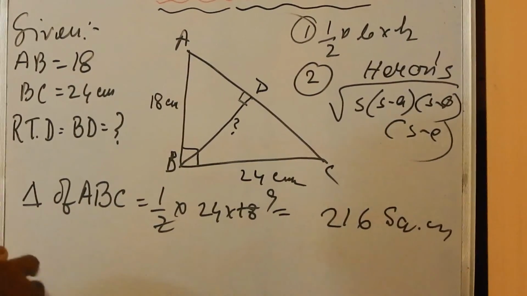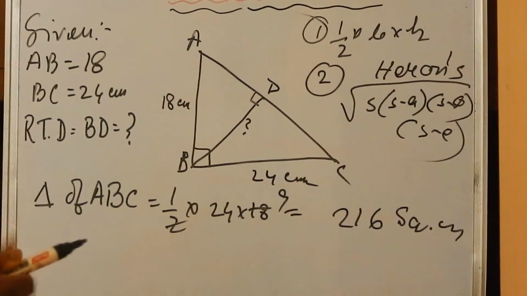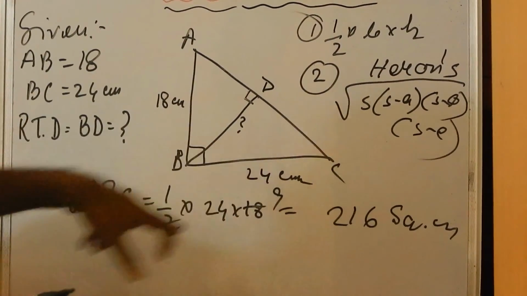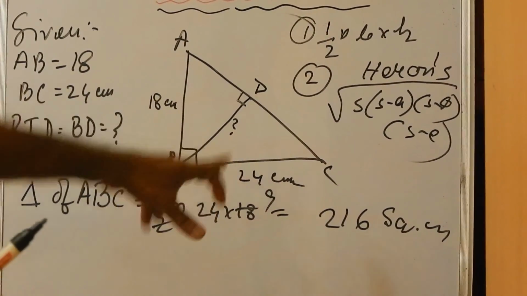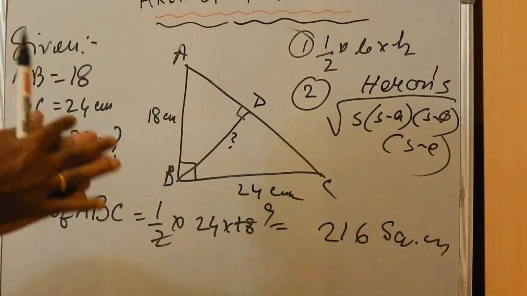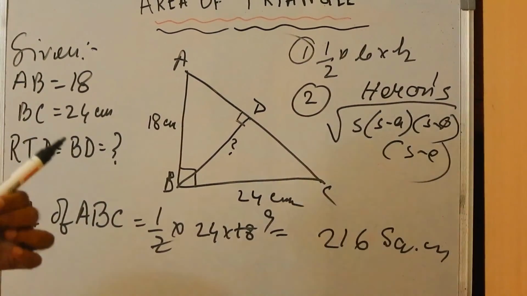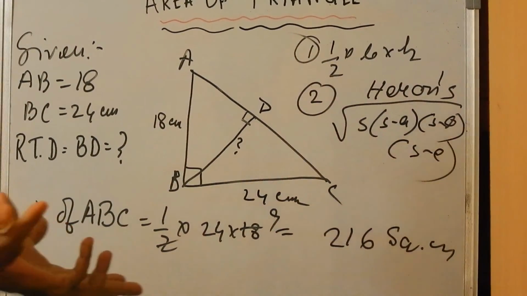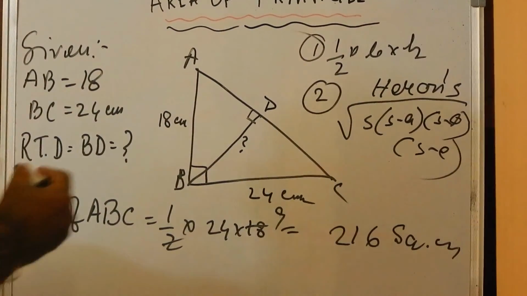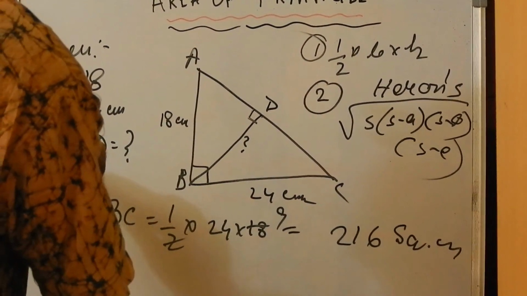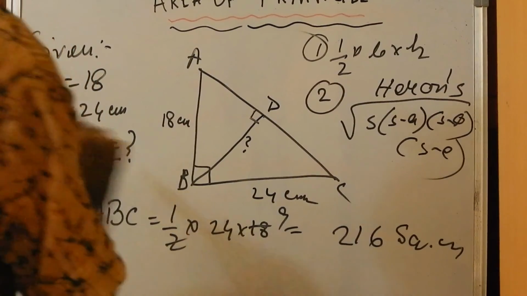216 square centimeter. Now the question comes: why have we derived the area of ABC? Because for any sum, as I told you earlier, there should be a motive. Why are we doing what we are doing? Here our main motive is to find the value of BD.